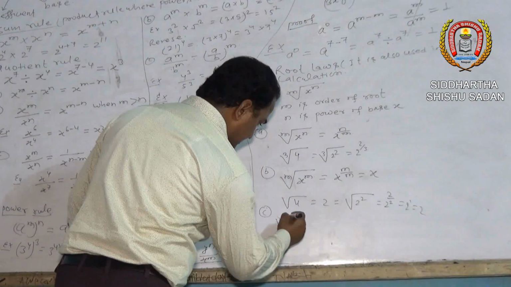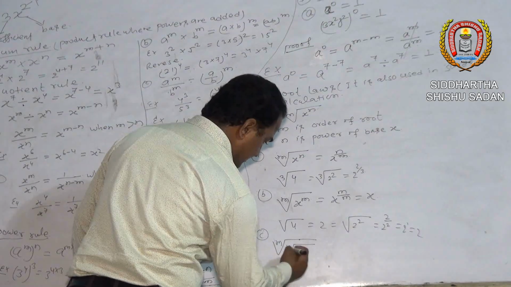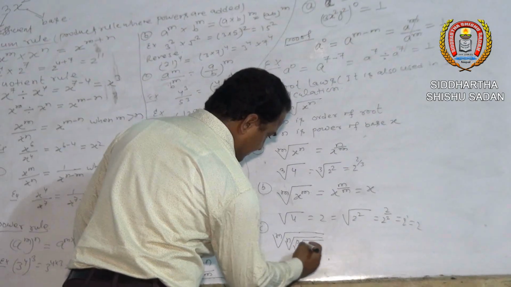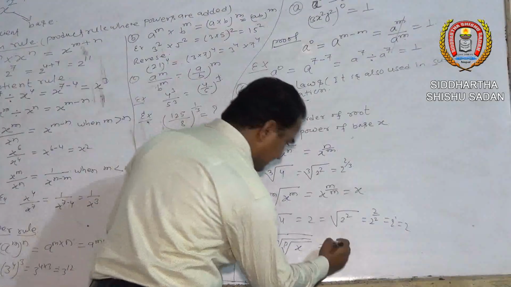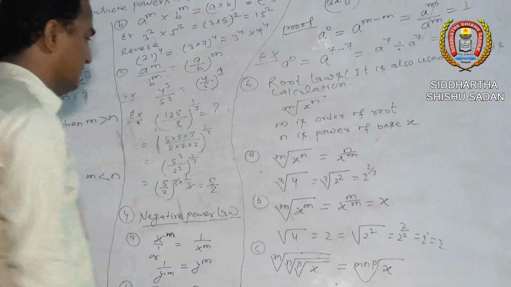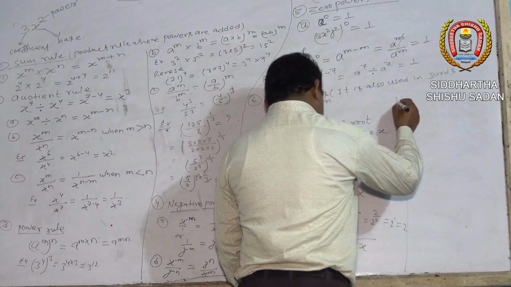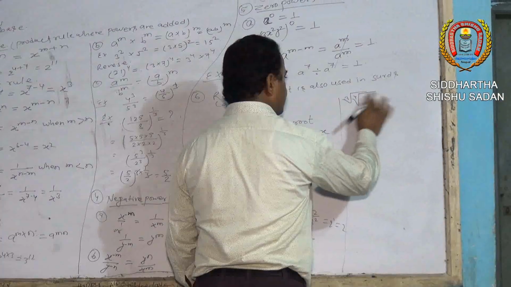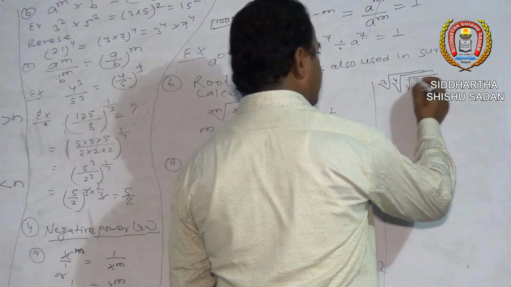Next is C. n root p root x is equal to, we can write m n p root under x. This is also. For example, cube root, fourth root, square root x to the power 24.